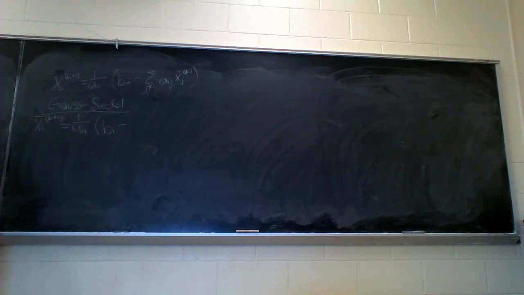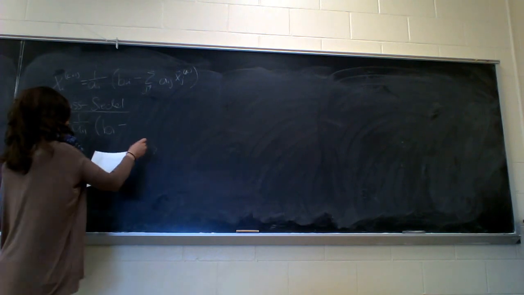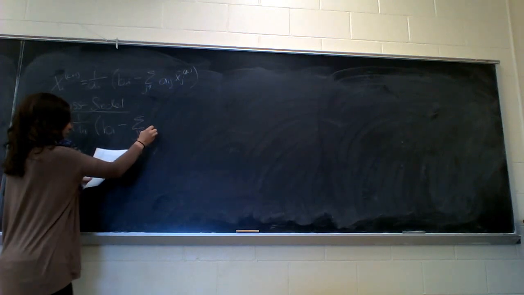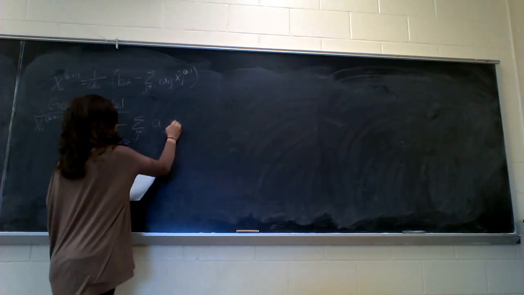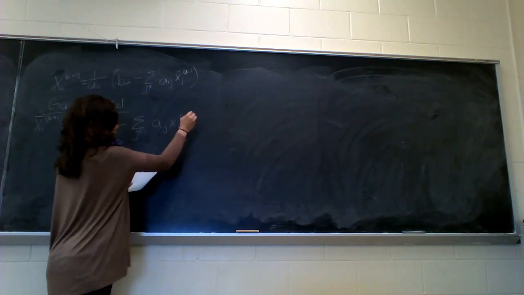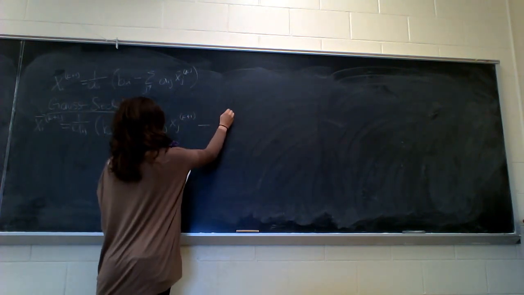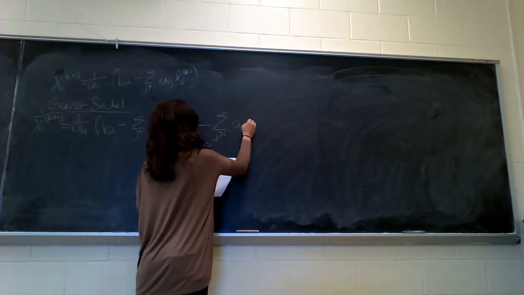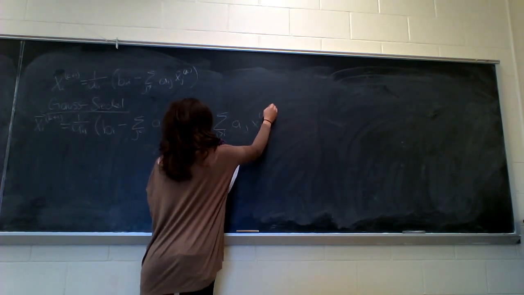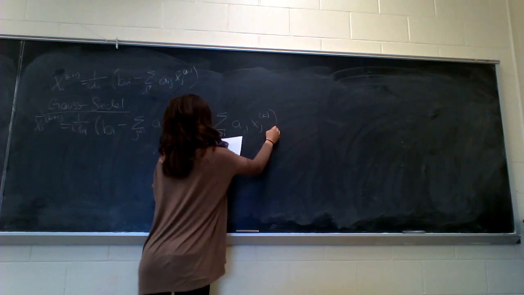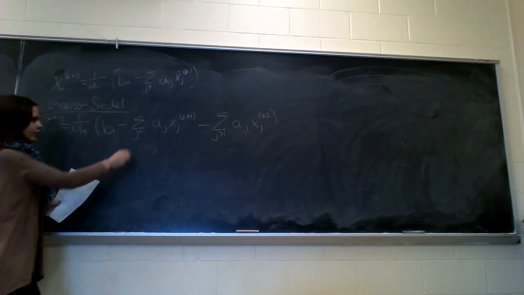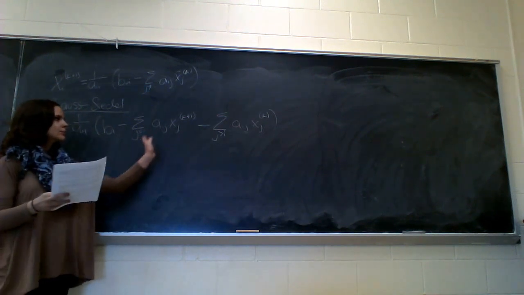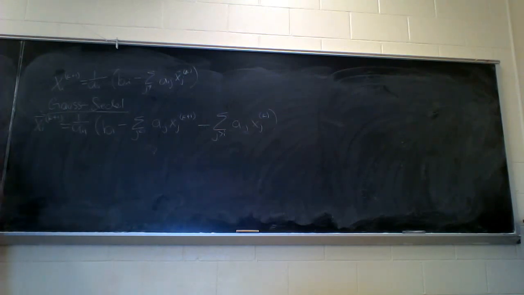One's for the lower triangular part and one's for the upper triangular part. So we have the sum over j less than i of a_ij x_j^(k+1) minus the sum over j greater than i of a_ij x_j^k. Now these are x^(k+1) because at this point they've already been computed. So that's why we want to split it up into the lower and upper triangular portions here.